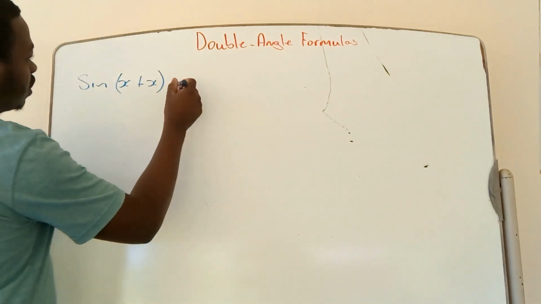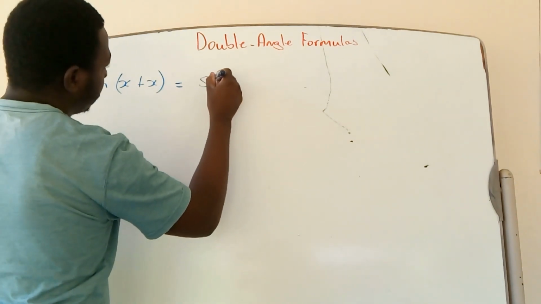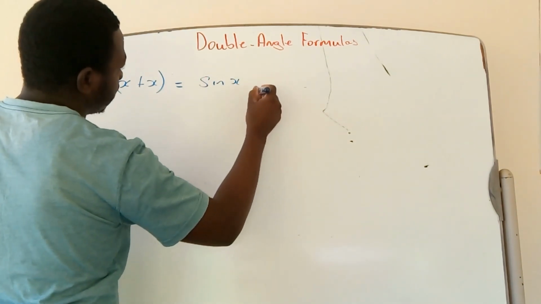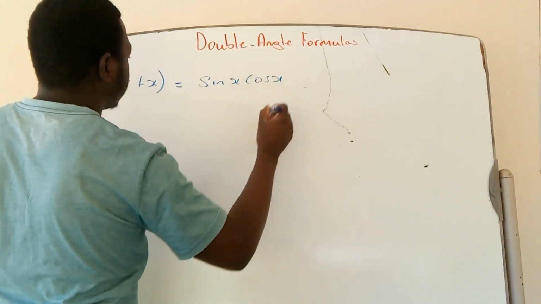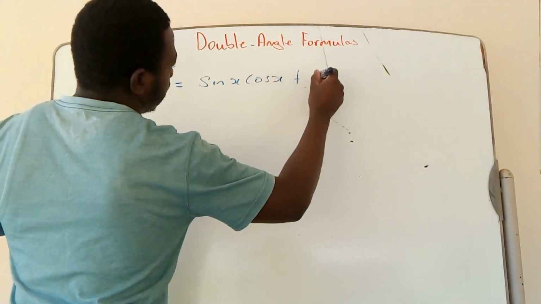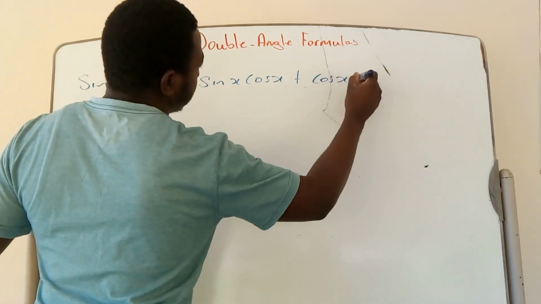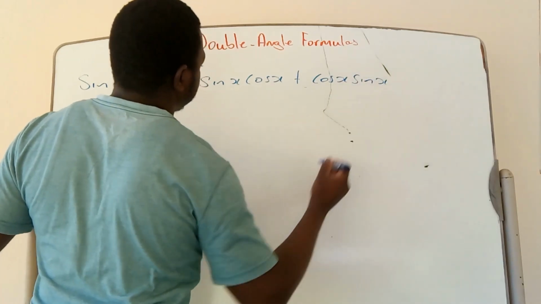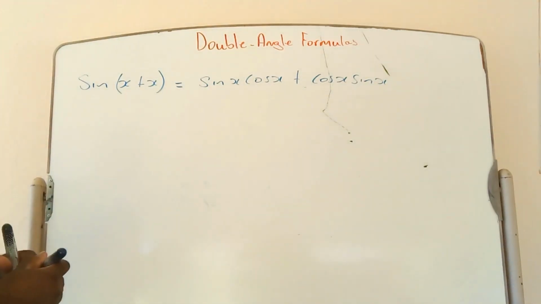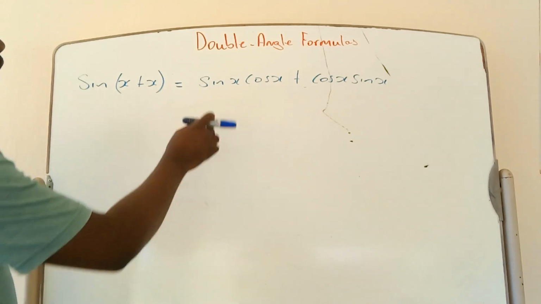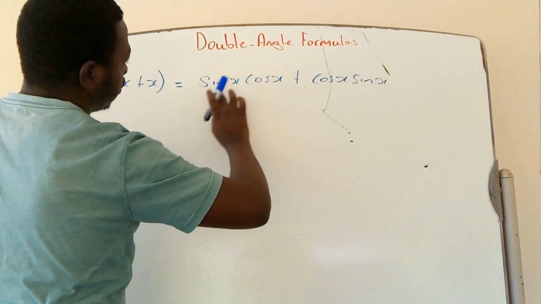Then this is just equal to sine of x cos of x, plus cos of x sine of x, right? But how can you simplify these two things?